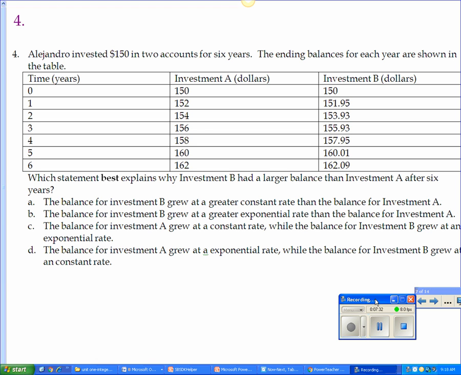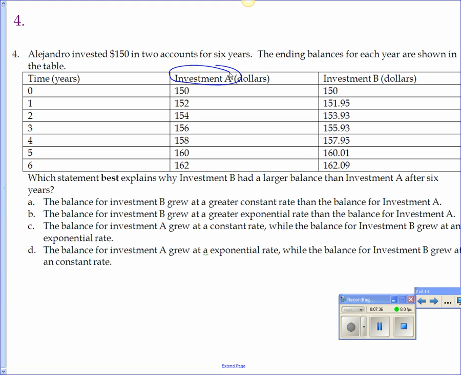Okay, so here's how we do this. We're going to start with investment A, and we're going to figure out what happened each year. From 150 to 152, how much money went into the account? $2. So do a little arrow and put 2. From 152 to 154, how much money went in the account? 2.